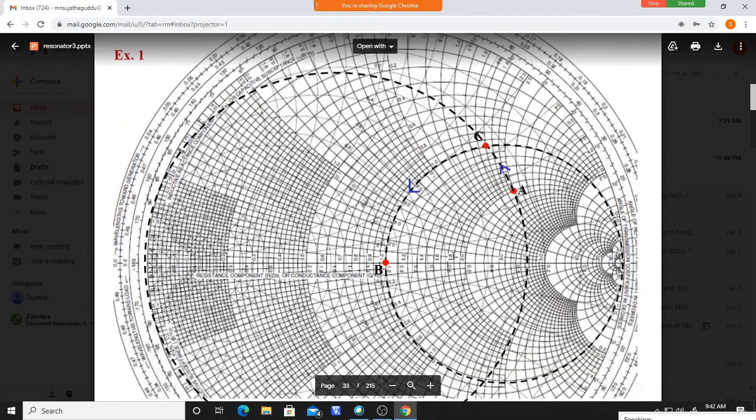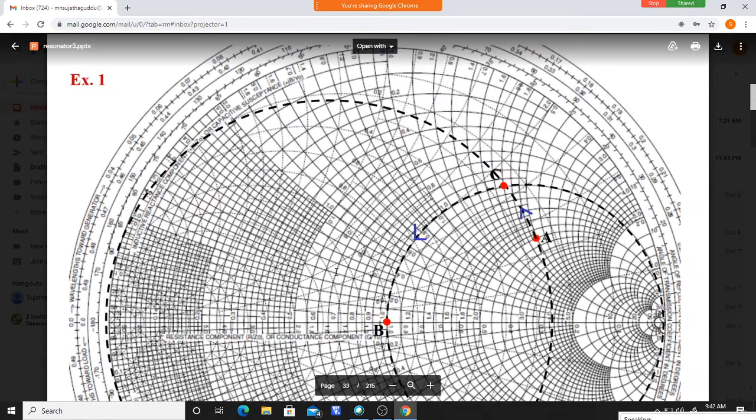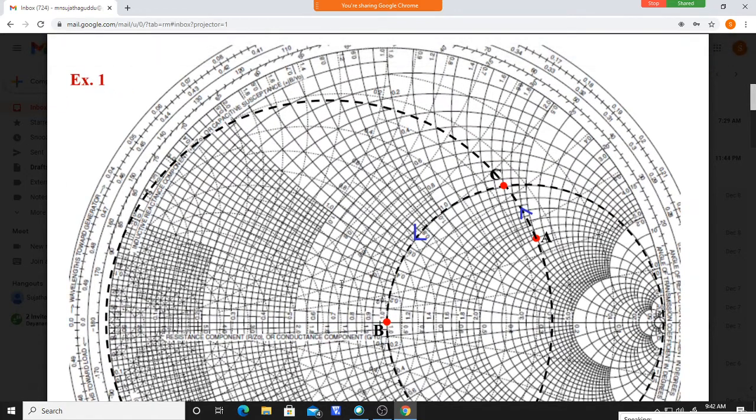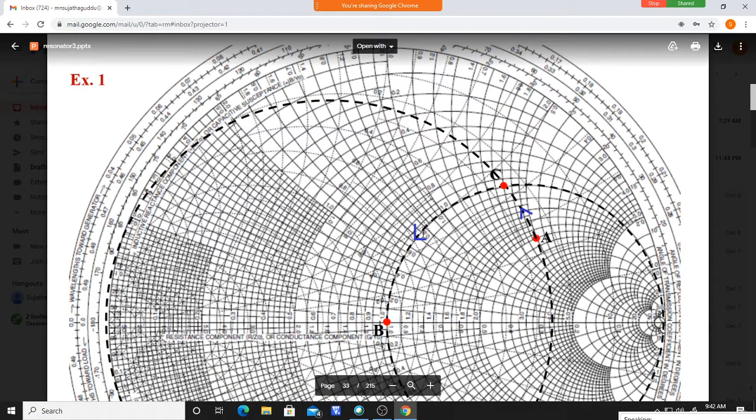Here you can see the values clearly. This white and black chart will be given in the examination also. In it, there are dotted lines and solid lines.